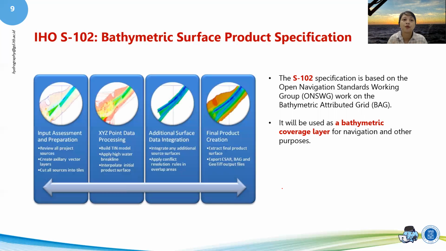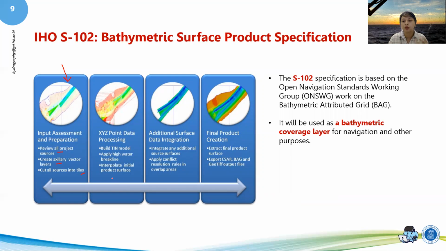So the idea of S102 is basically you need to have an input assessment and preparation. You review all the project resources, and then if you want, you can make auxiliary vector layers. For example, if you want to say that this one is a hazard, maybe a shipwreck, or maybe there are some buoys placed in there, stuff like that, you can make a vector layer out of that. And then you can cut all sources into tiles.